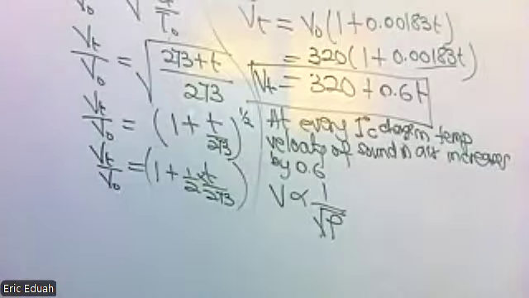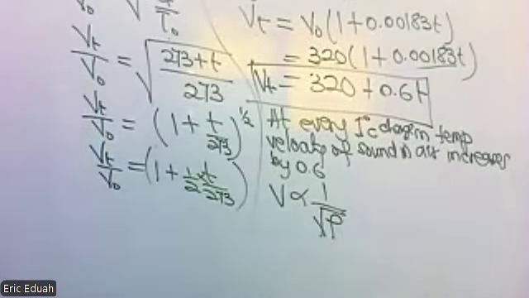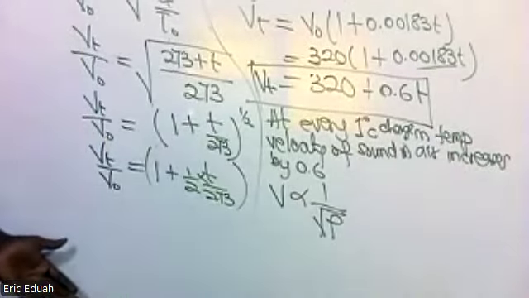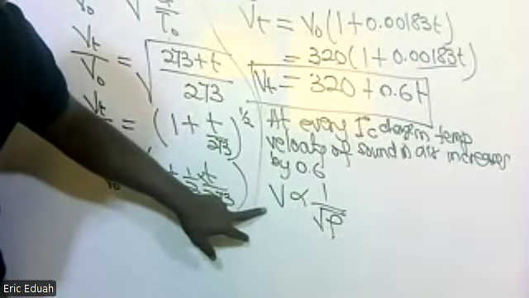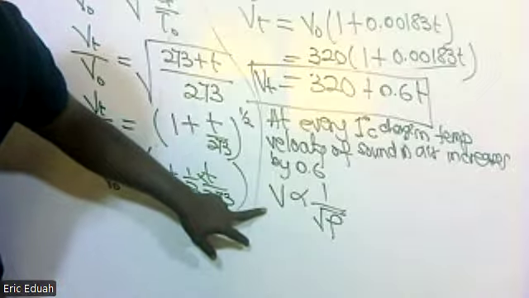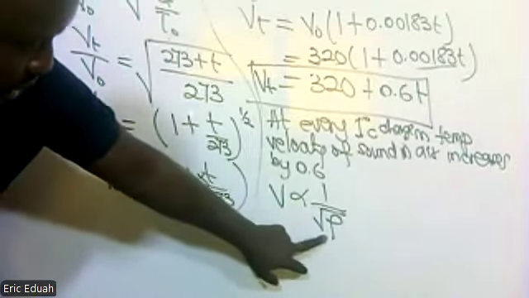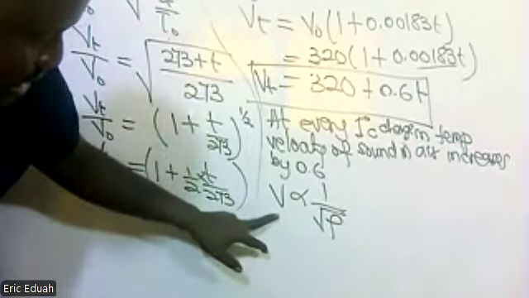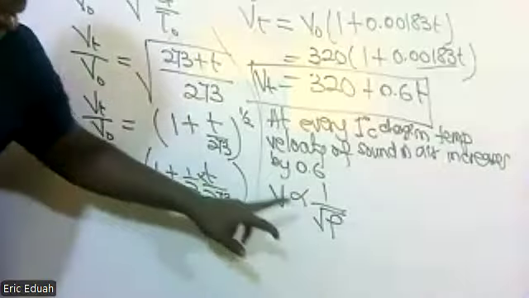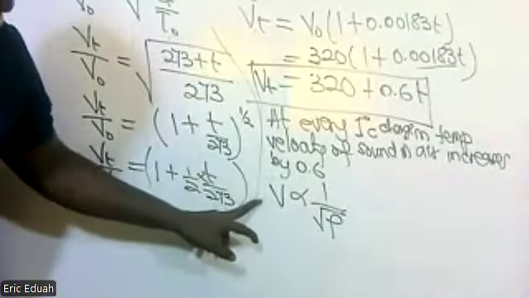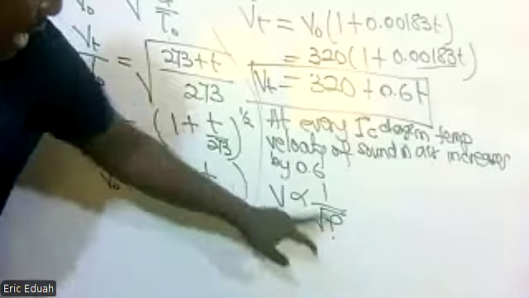So if density is increasing, then V is decreasing. If density is decreasing, V is increasing. An increase in this, a decrease in that. A decrease in this, an increase in this.